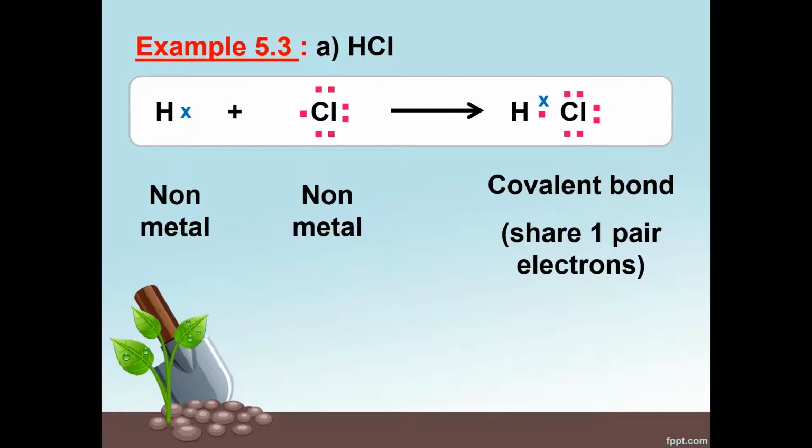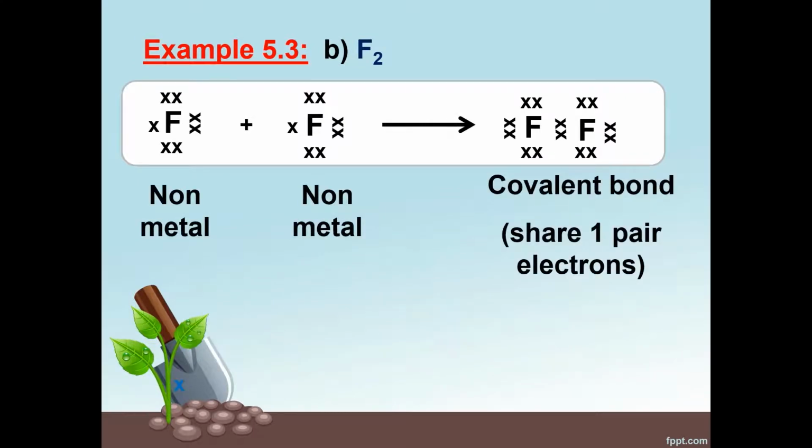So you need to draw hydrogen atom with 1 valence electron, chlorine atom with 7 valence electrons, and together they will make up a covalent compound with 1 bonding pair of electrons. Another example is for fluorine gas. Each fluorine atom would have 7 valence electrons, and together they will become F2 with 1 pair of bonding electrons.